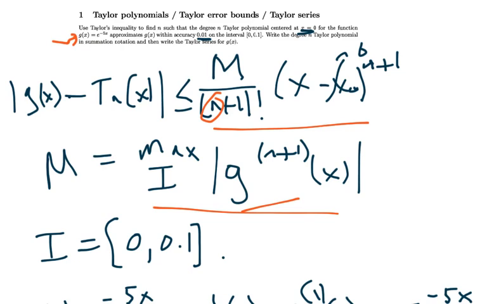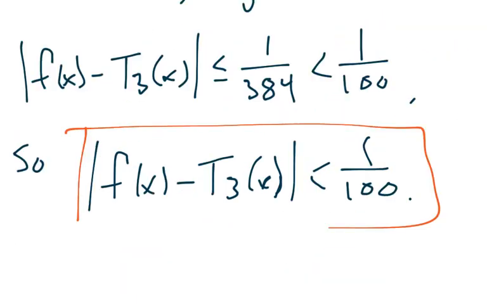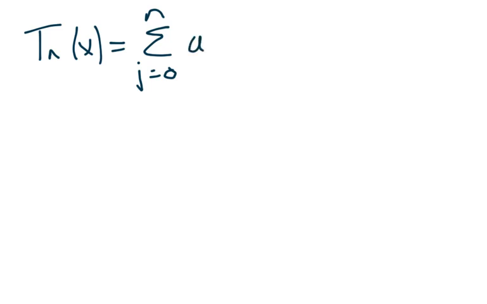Now, I think it also wants us to write the degree n Taylor polynomial in summation notation. So we can also write this out now that we know what Tn looks like. Now that we know what the derivatives look like, we can say Tn of x is equal to the sum, j equals 0 to n, of some terms aj x to the j, right? That's just the definition for that. Now aj, we found these, right?